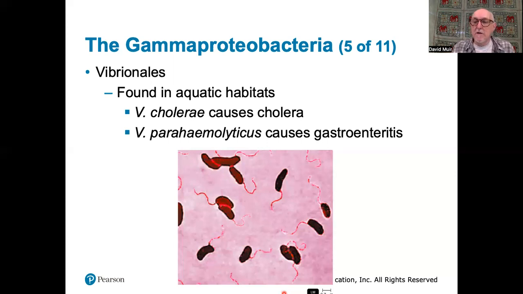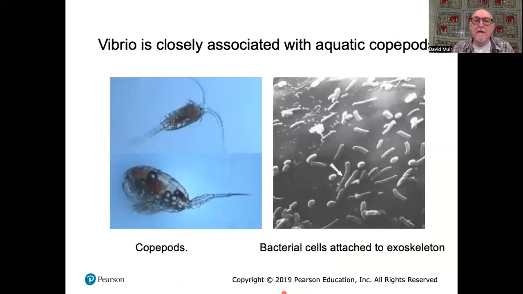Cholera still occurs quite widely, and it's been discovered that, in fact, it is part of a normal ecological association. And here's the most important one. It is with these small crustaceans called copepods, which are incredibly common in fresh and marine and brackish waters.